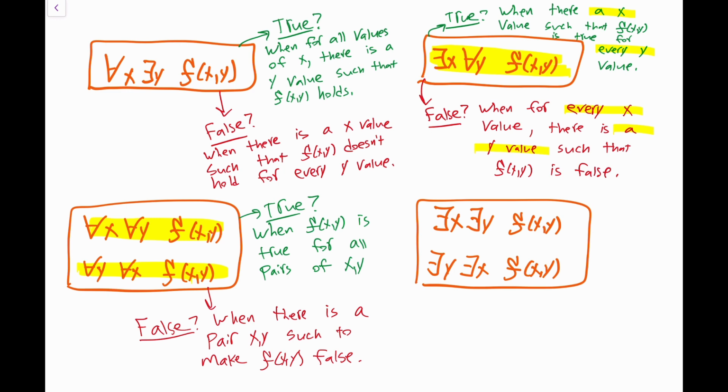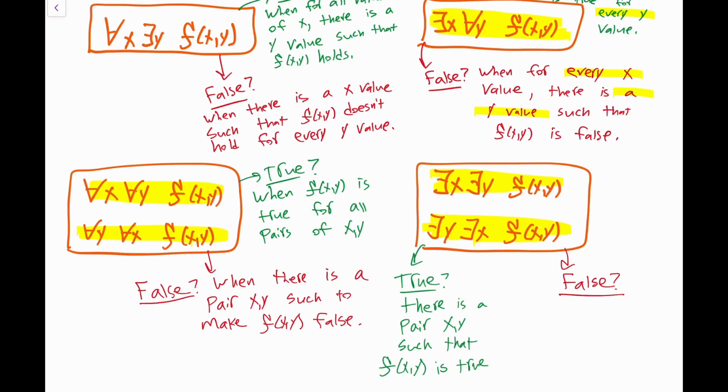And finally, there exists an x, there exists a y, f of x, y. There exists a y, there exists an x, f of x, y. We can ask the same question. When is it true? And when is it false? So it would be true when there is a pair x, y such that the function is true.